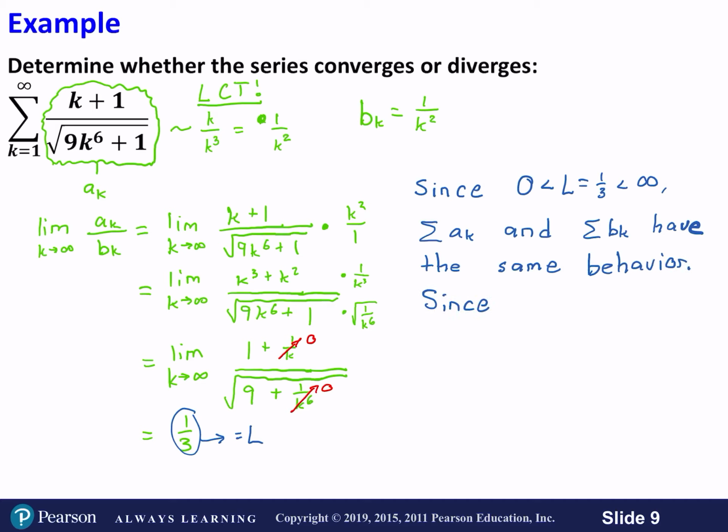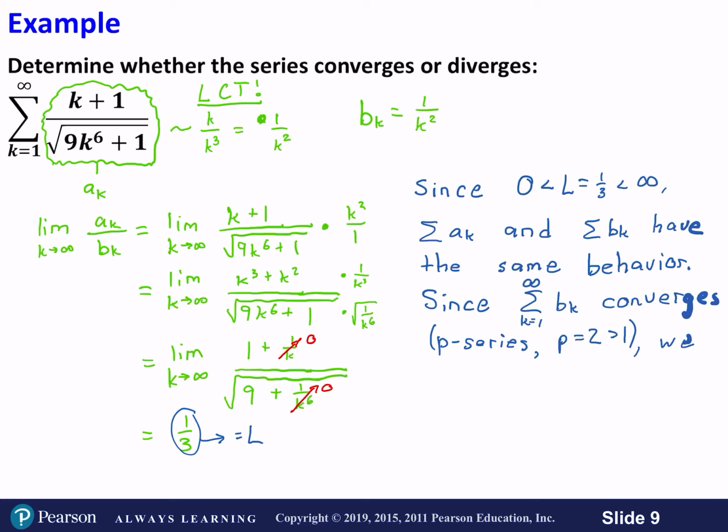Since the sum from k equals 1 to infinity of bk converges, it's a p-series where p equals 2, which is greater than 1.